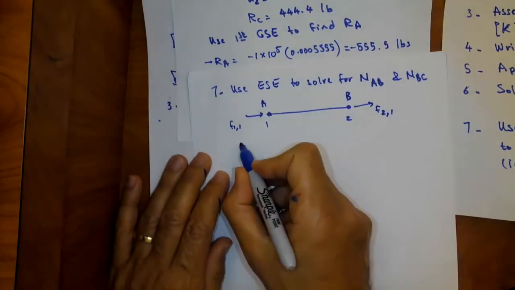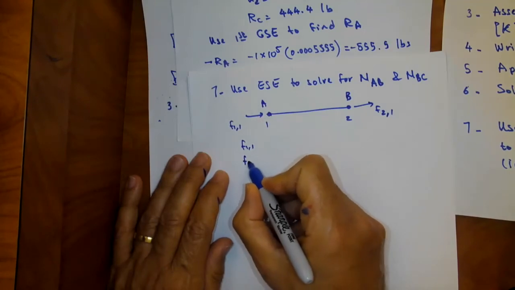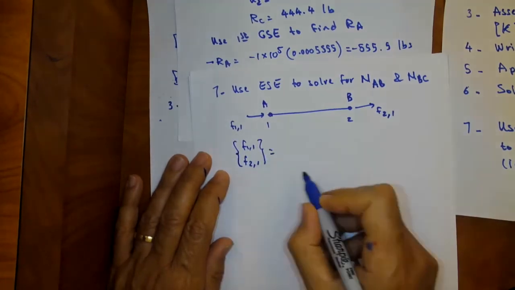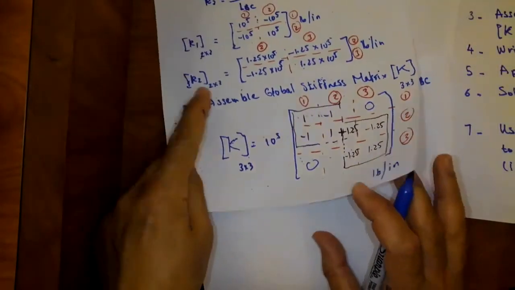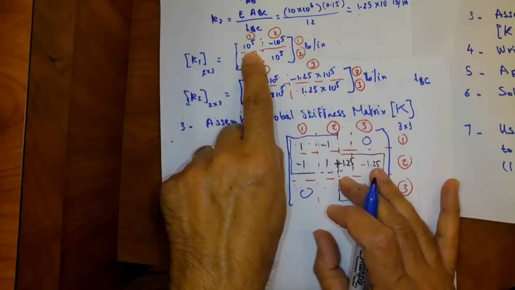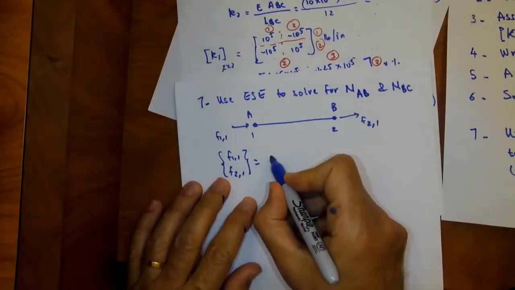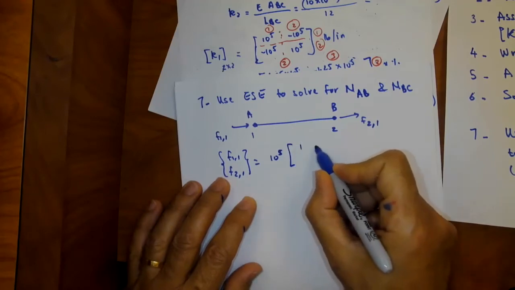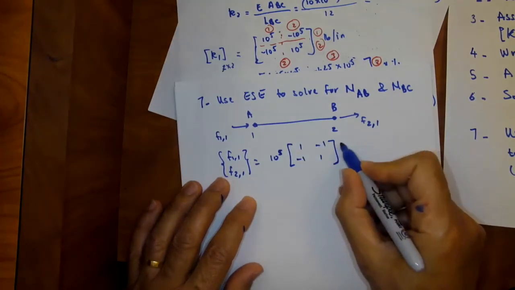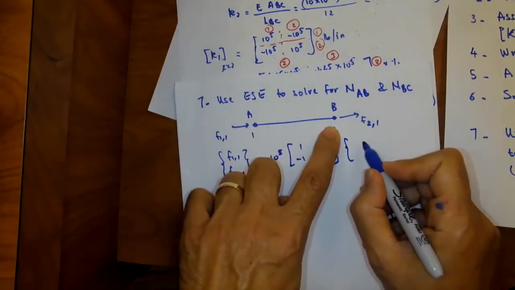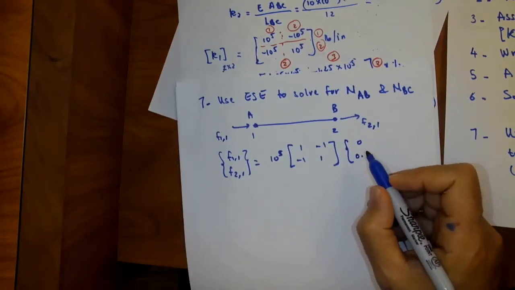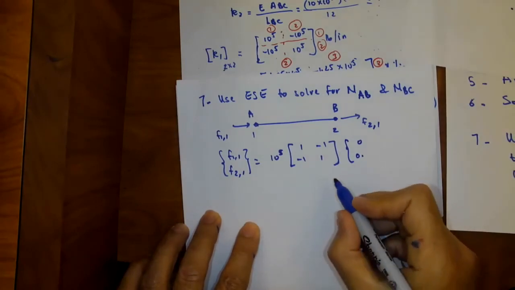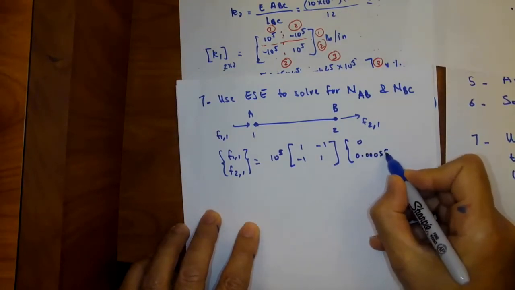And the element stiffness equation here would be F11 and F21 is equal to, I go back to my element stiffness matrix, which is this. So that would be 10 to the power 5 times 1 minus 1 minus 1 and 1 multiplied by U1 and U2. And what is U1 and U2? U1 is 0. And U2 we just found to be equal to 0.00555.